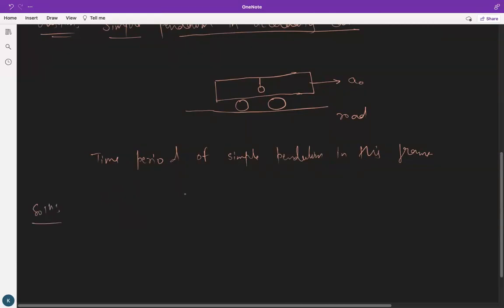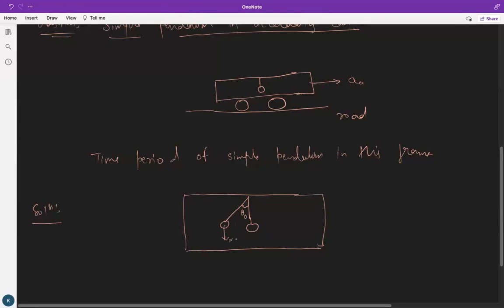So let me make the frame here. This is inside the car where the pendulum is attached. Let us suppose that at some angle theta equal to theta naught, there are two forces acting everywhere.